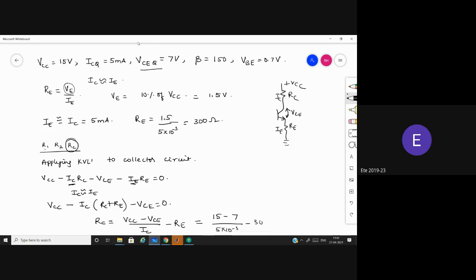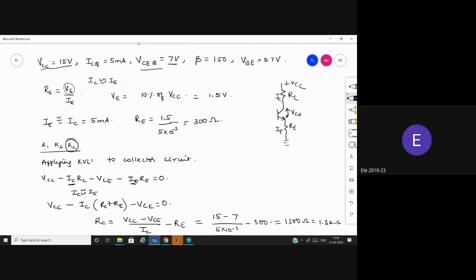RE is 300. See here also, VCC is 15 and VCE is 7, nearly half of VCC. So usually this is the logic we'll use. Tell me, what is the RC value? 1300 ohm, that is 1.3 kilo ohm.